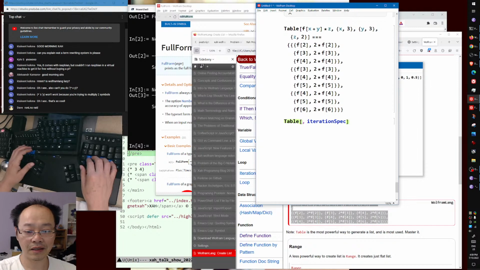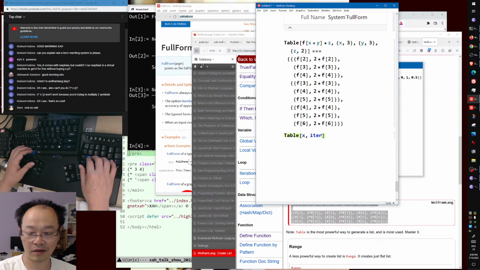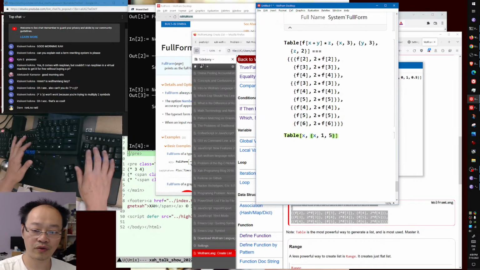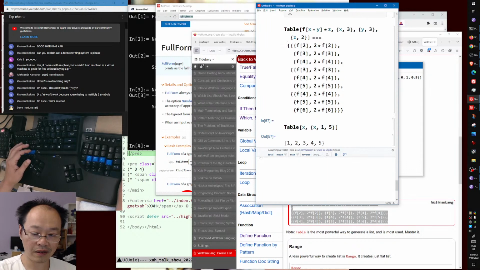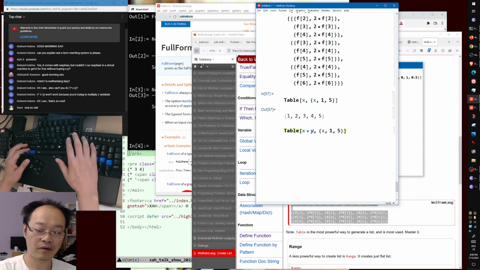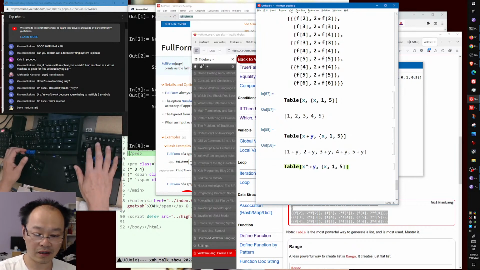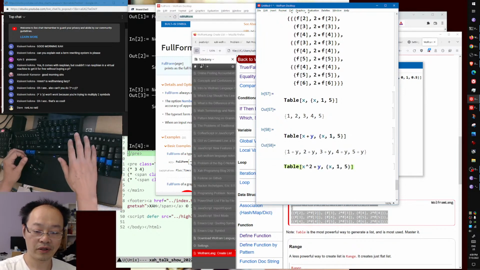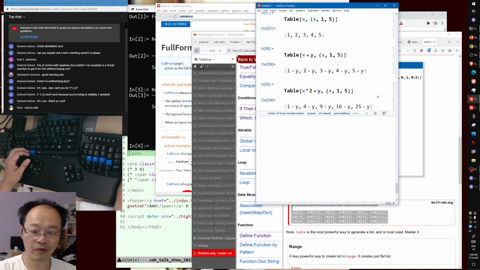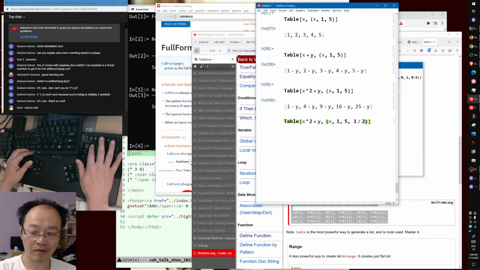So let's say X, it generates the list. X from 1 to 5, very simple. And you can say X plus Y. And let's say X squared plus Y. Now let's say 1 to 5, but in steps of 1/2.